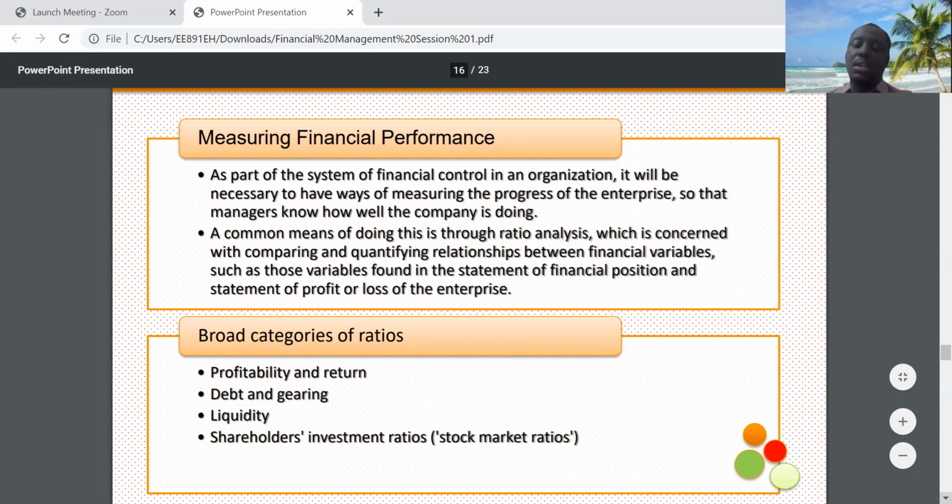In the past lecture, I told you that gearing relates to debt and leverage. Then you have liquidity ratios, which relate to cash, and shareholders' investment ratios. So these are the four categories: profitability, gearing, liquidity, and shareholders' investment ratios.